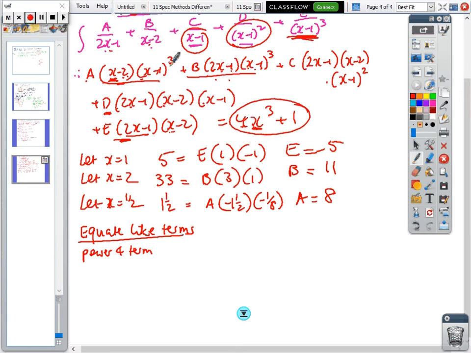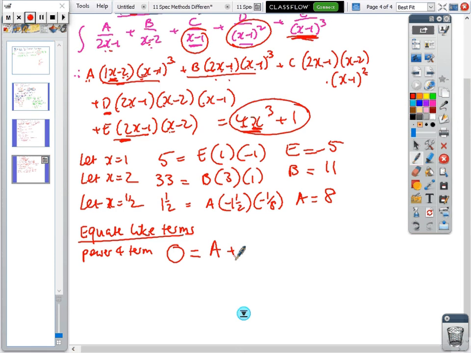So x cubed, x cubed, x squared is x4. So the a, the b, and the c have all got power 4s, but there is no power 4 in the answer. So 0 will be the power 4, but we've got 1 times 1 cubed times a, so we've got a as a power 4.